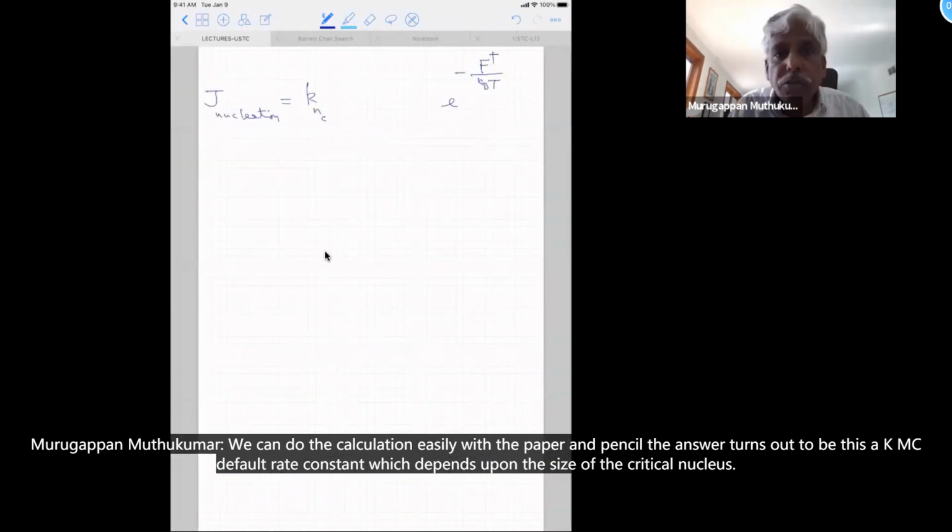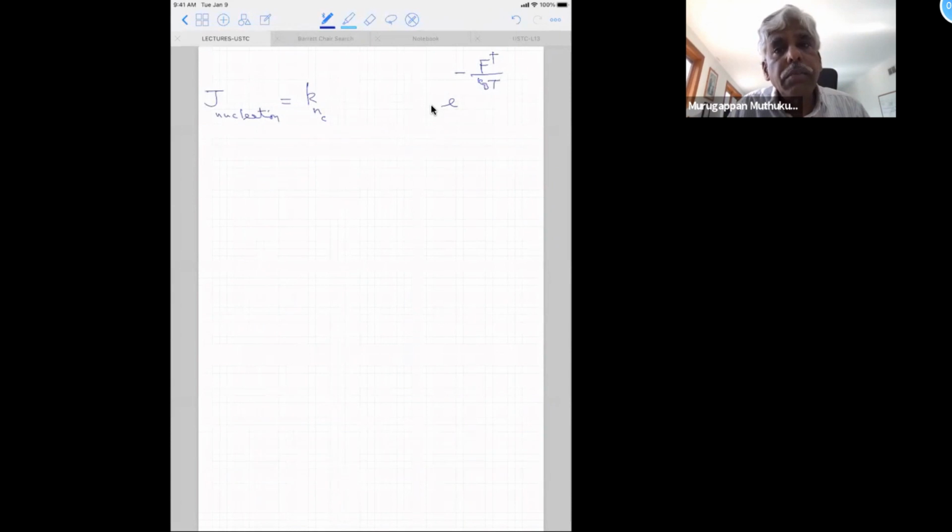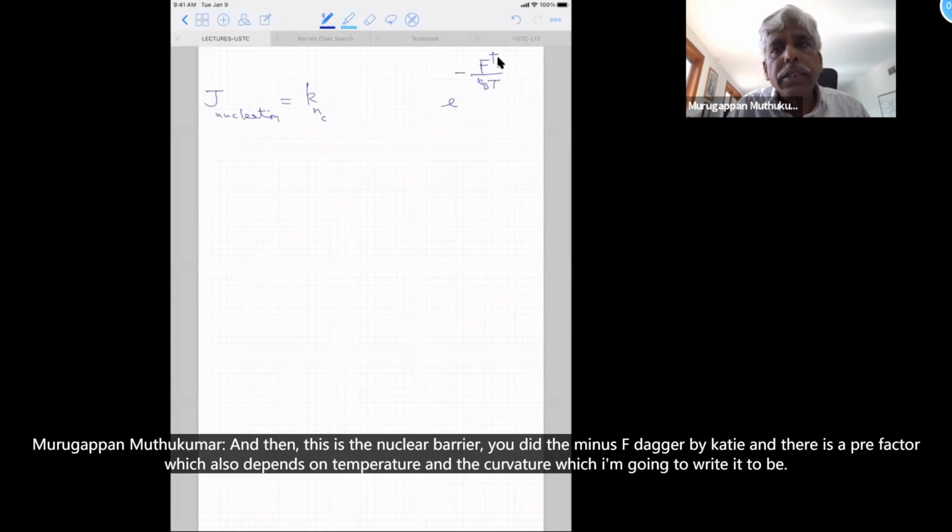The answer turns out to be this is k_{N_C}, the forward rate constant, which depends upon the size of the critical nucleus. And then this is the nucleation barrier, e to the minus F dagger by kT.